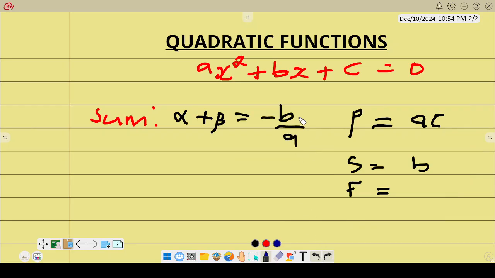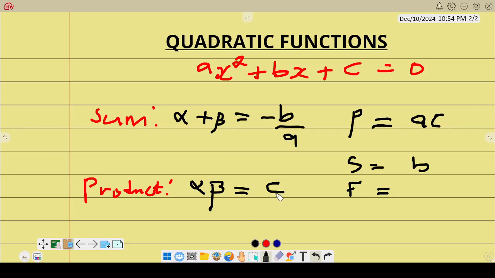Oh, okay, so that's the product. And then, sorry, that's the sum. And then the product simply means we're multiplying. So if we're multiplying one root alpha times another root beta, we have ac.